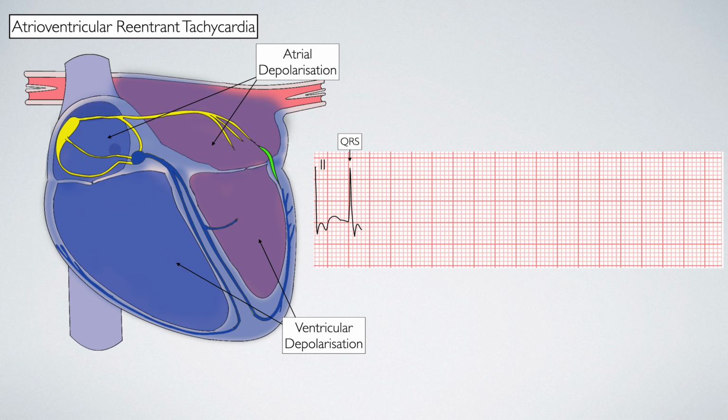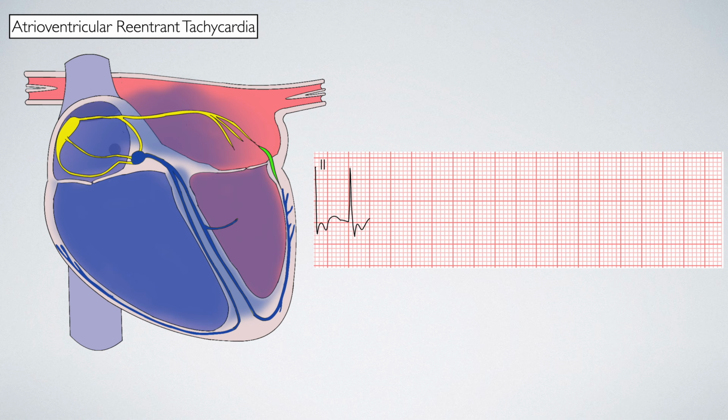This is represented on the ECG trace as a P wave occurring after the QRS complex, and the term used to describe this is a retrograde P wave. T waves occur as the ventricles repolarize.